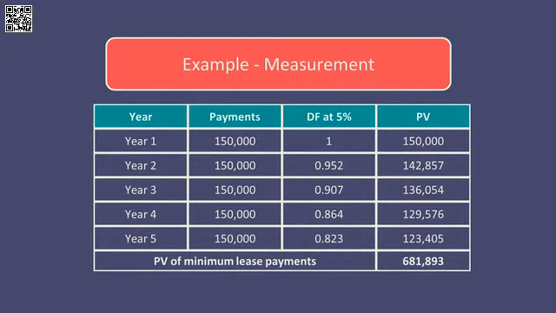And we can see that the payment for year 1 is made in advance, so it isn't discounted, but the others are just discounted using a 5% discount factor calculated in the normal way. And when we have a look at the present value of the minimum lease payments, we can see that in total they come to £681,893. So this forms the basis of our calculation.